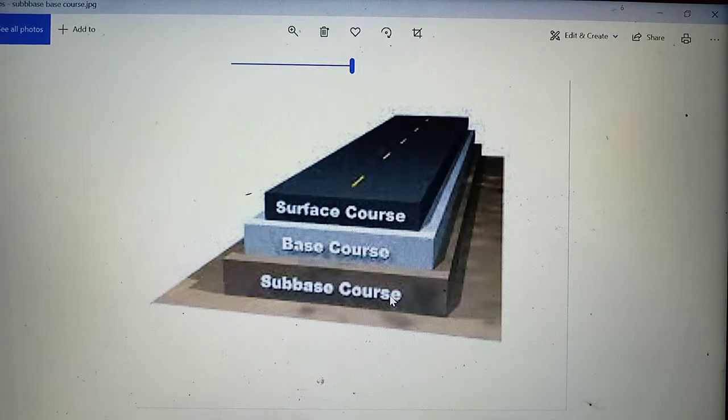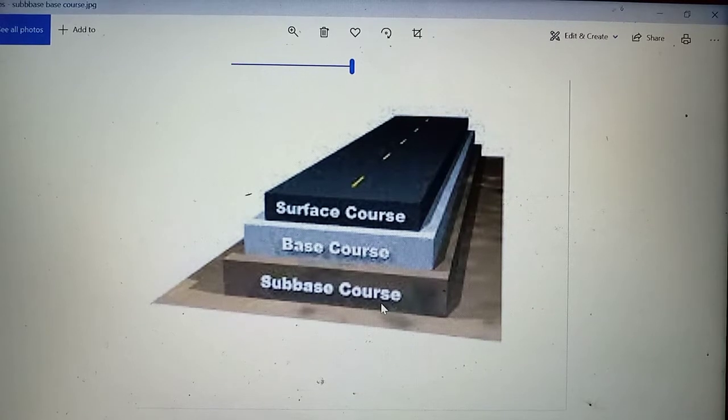Pag sinabi nating binder, yun yung lupa, yung non-granular soil, yung kulay brown. Hinahalo yun doon sa granular soils which is sand and gravel.